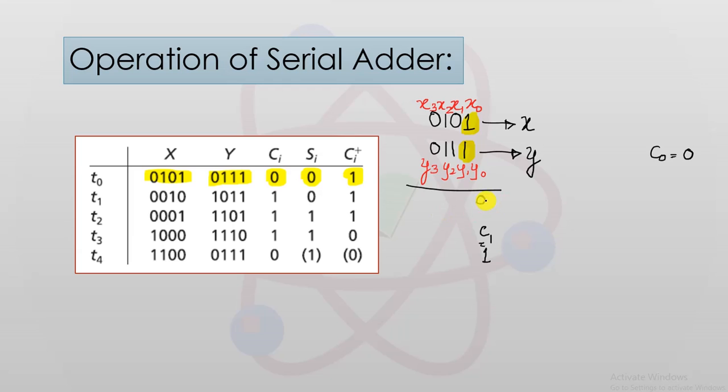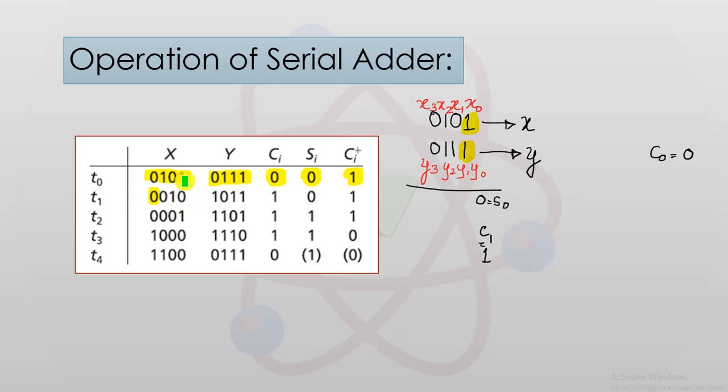So this S0 will be pushed as an MSB bit into the accumulator, and the contents of the addend register will be shifted by 1 bit. You can see this is a cyclic shift and the contents will be shifted to 1011.